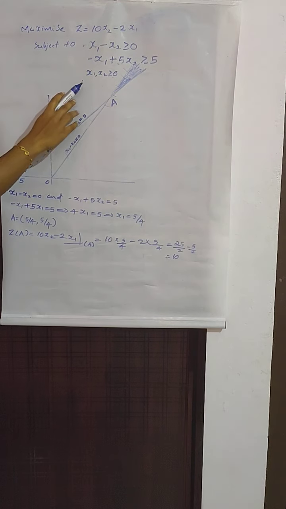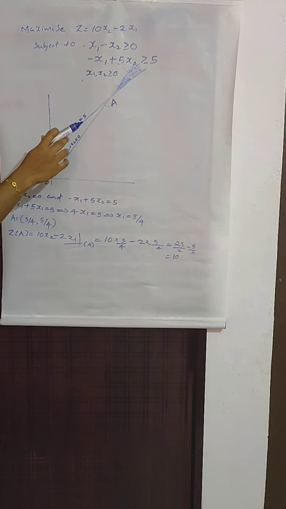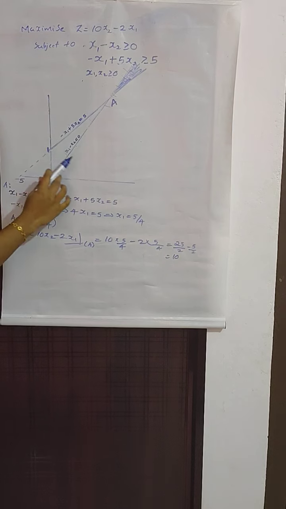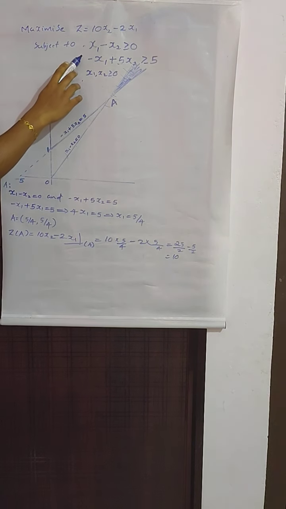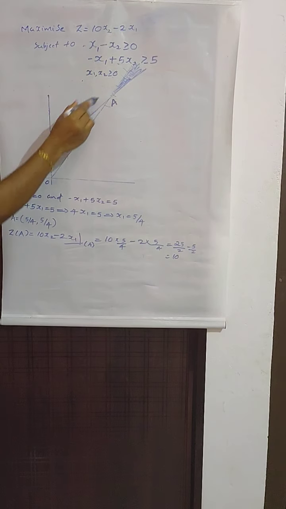Since x1, x2 are restricted to the first quadrant only, the line x1 equal to x2 must be here.